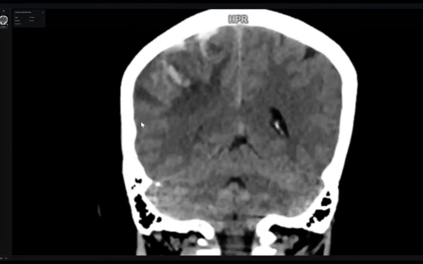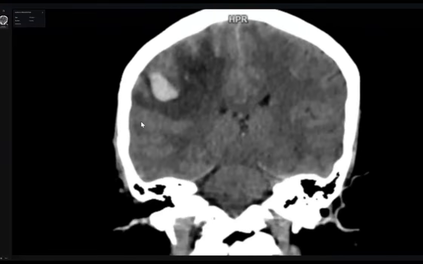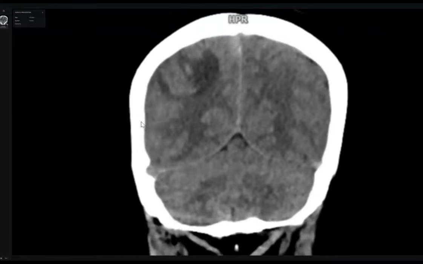What's your provisional diagnosis, doctor? So this could be an AVM, or it could be a hypervascular mass. What else?